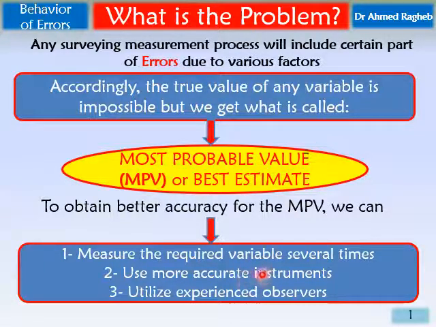We can use better or more accurate instruments by calibrating the instruments and using highly accurate instruments, or by using experienced observers. More experienced observers will produce more accurate results.